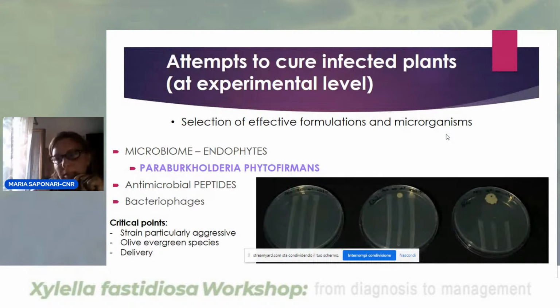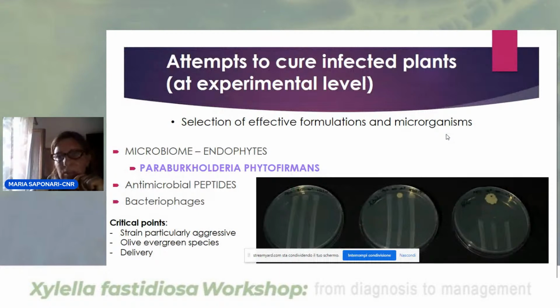There is also the problem in olive of the delivery of the products. It is not easy, because some products cannot be delivered by spray due to the leaves having a different anatomy than grapes or other crops.